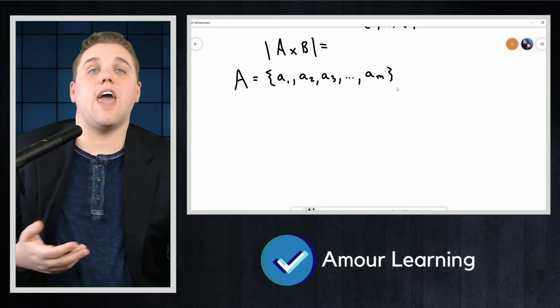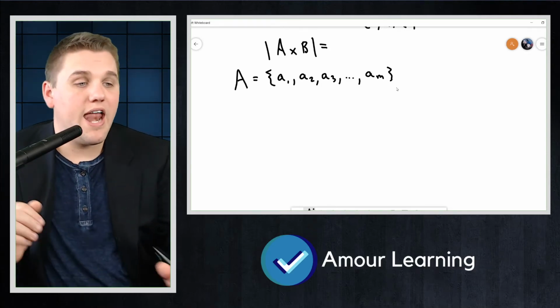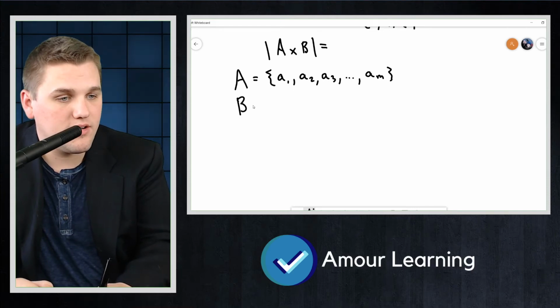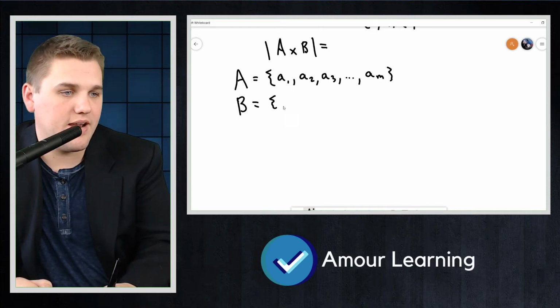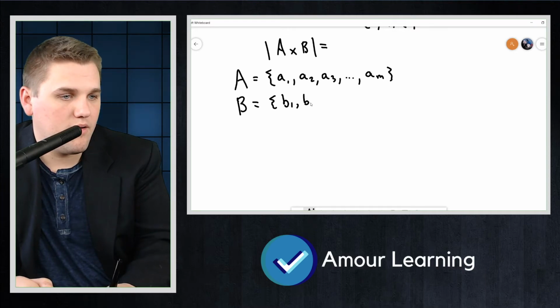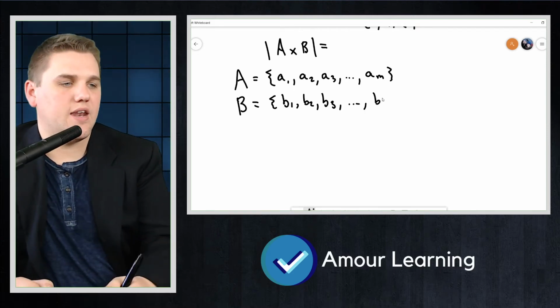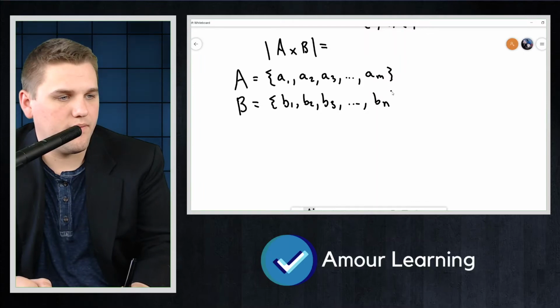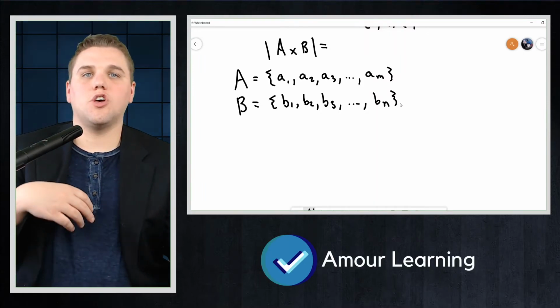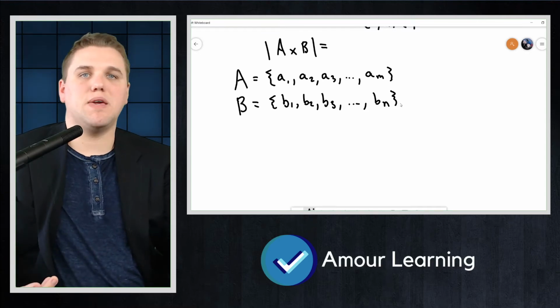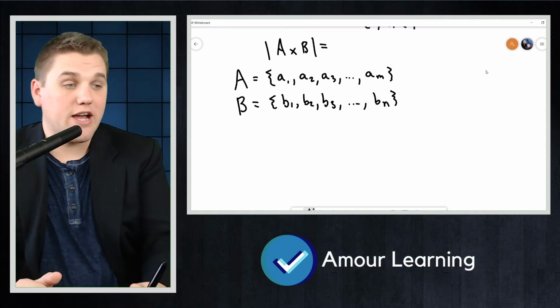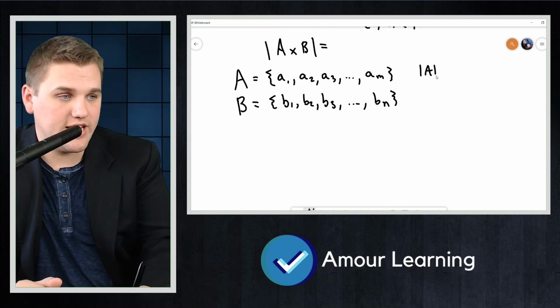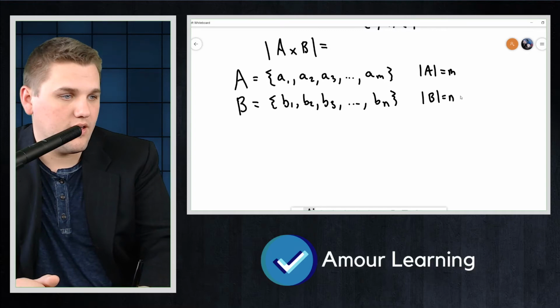So the size of A, we're just saying, is some number M. And now B, we're going to define as also a generic finite set: B1, B2, B3, all the way up to BN. All right, so the size of A is M and the size of B is N. That's a really important thing.